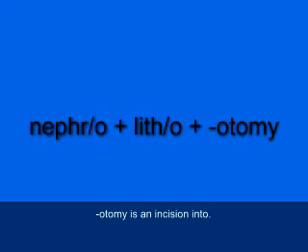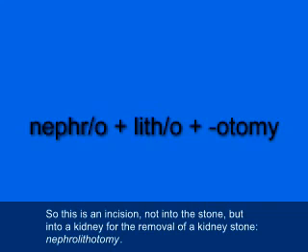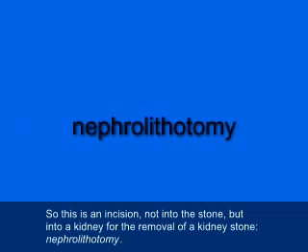Well, an otomy is an incision into. Nephrolith would be a kidney stone, because nephro refers to kidney and lith refers to stone. So this is an incision not into the stone, but into the kidney for the removal of a kidney stone. Nephrolithotomy.